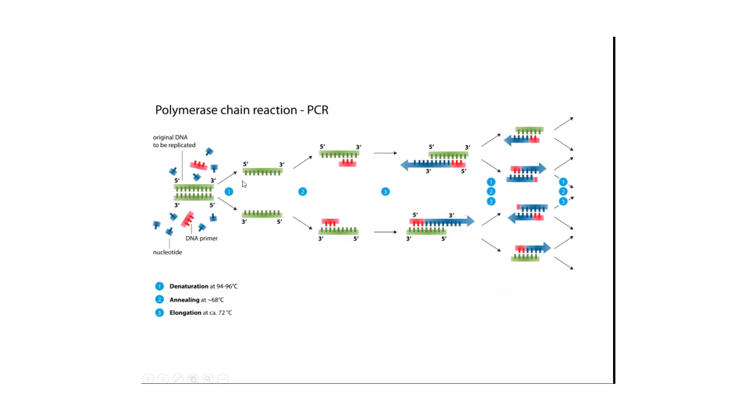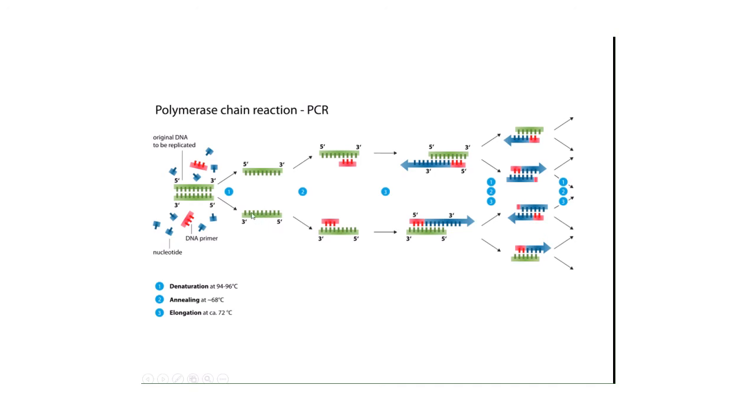So here we can see just how the cloning process works. Again, we start with the original DNA sequence, followed by step 1, denaturation. In denaturation, you are going to heat up the solution. The PCR machine will bring the temperature up to around 94 to 96 degrees.